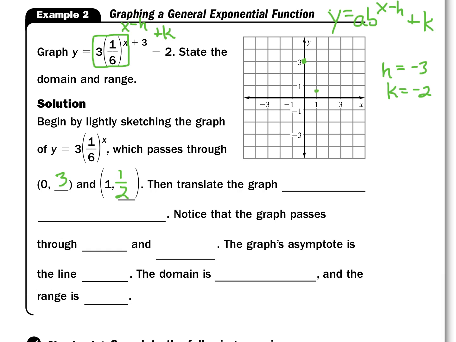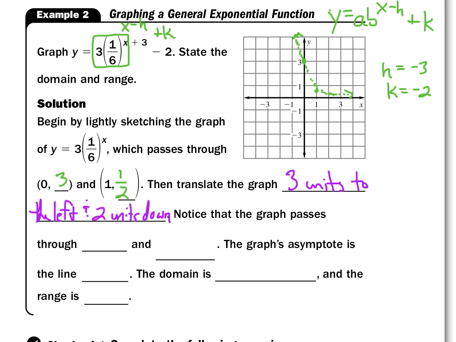I'm going to lightly sketch that graph, and instead of lightly sketching, I'm going to just use a dotted curve, because I can't really do light sketching on here. Again I'm going to approach the x-axis to the right, but not actually touch it. And now I am going to translate it in purple, 3 units to the left, because h is negative 3, and 2 units down.